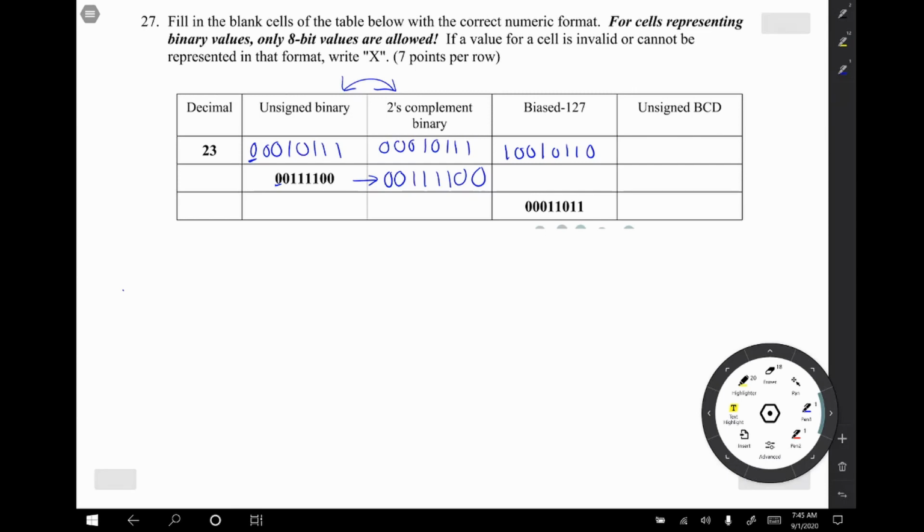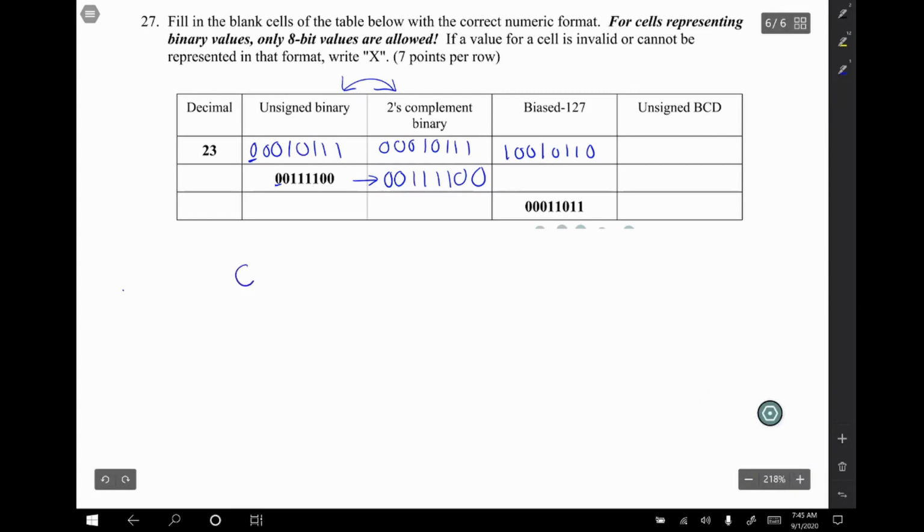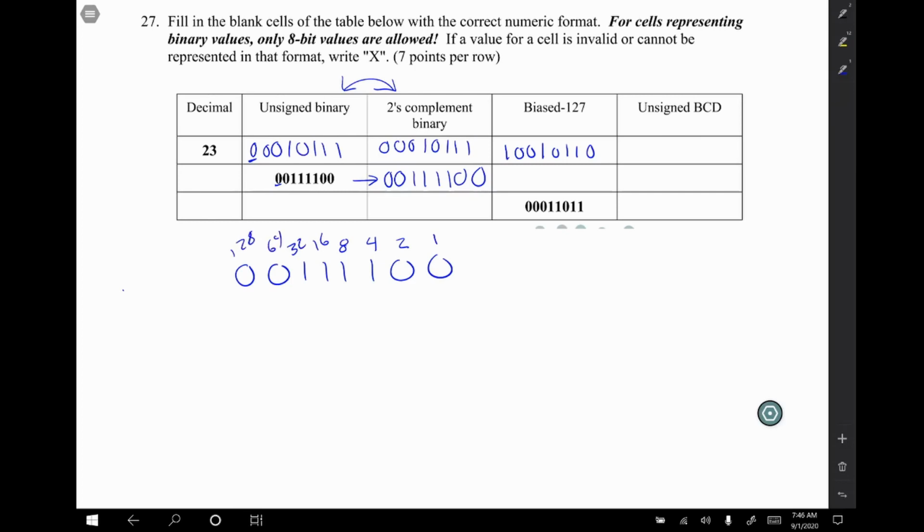Now, what I have is the unsigned binary value 00111100. And what this is, once again, is the powers of 2. So I have the 1's place, the 2's place, the 4, 8, 16, 32, 64, 128. So what is this equal to? Well, there's a 32, there's a 16, an 8, and a 4.